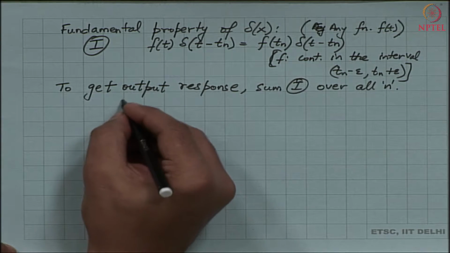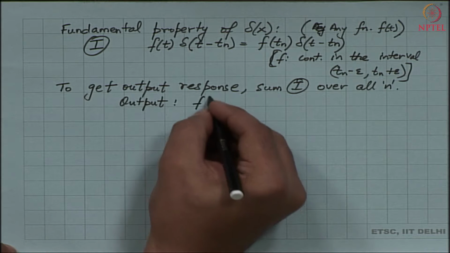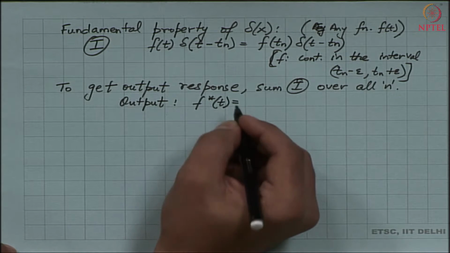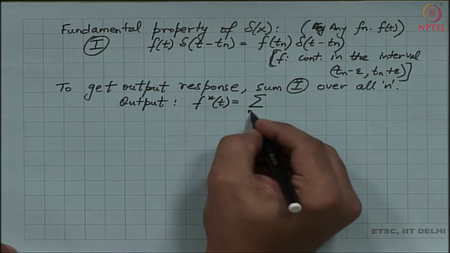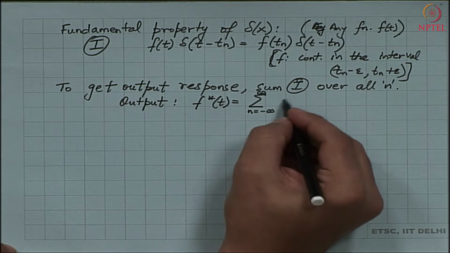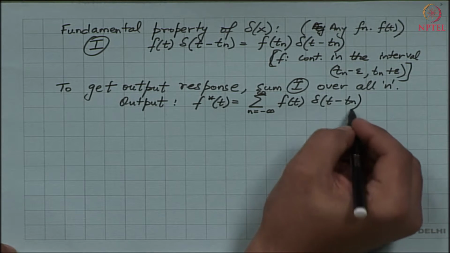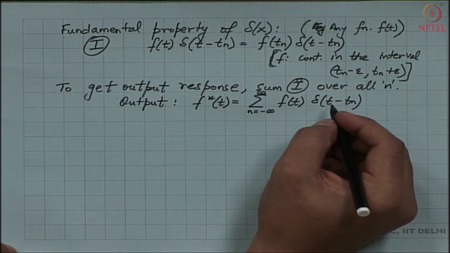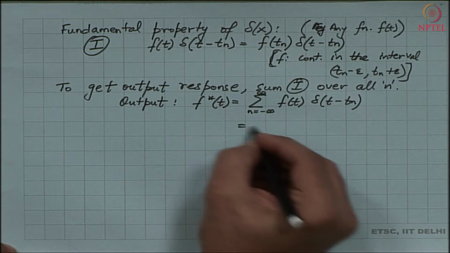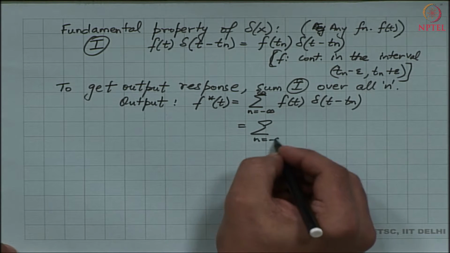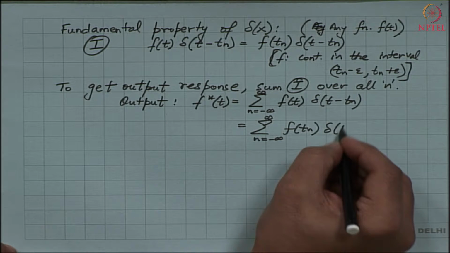So, I get that my output, let us denote it by f star of t, will be equal to the summation n from negative infinity to infinity f of t delta of t minus t n. Using property 1, this is also equal to summation n from negative infinity to infinity f of t n delta of t minus t n.